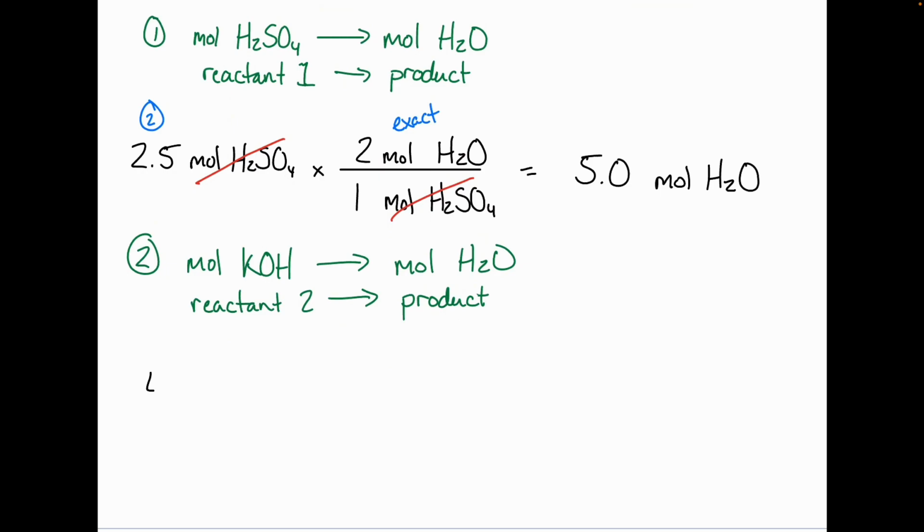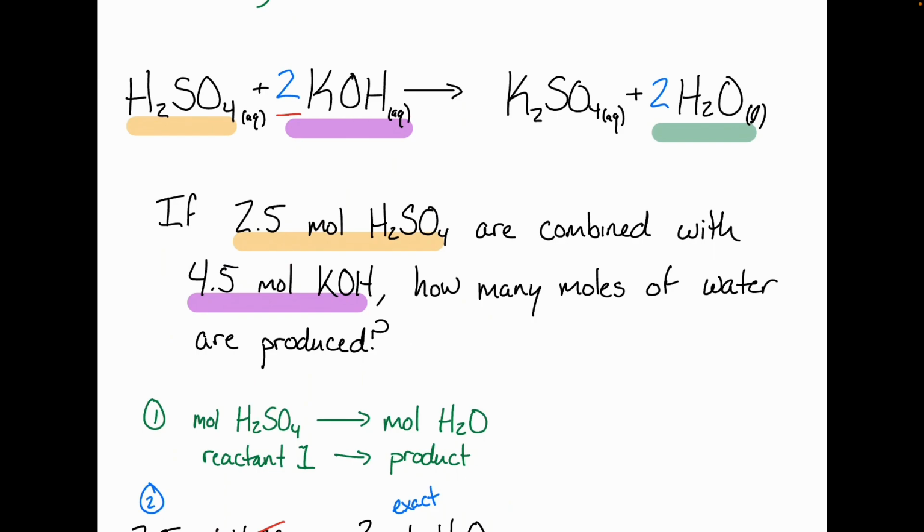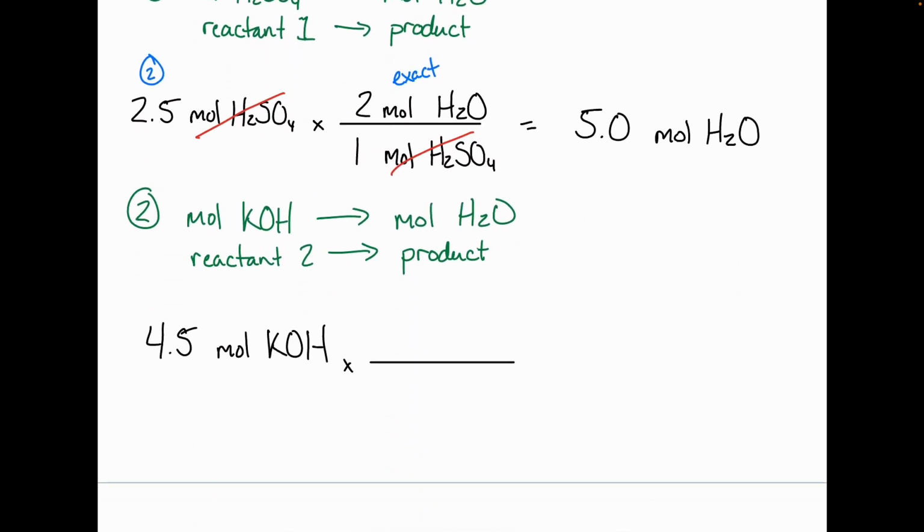Right, so now I'm going to start with my 4.5 moles of KOH. And I'm going to need to use that stoichiometric ratio from my balanced chemical equation that tells me that for every 2 moles of KOH that are consumed, 2 moles of water are produced.